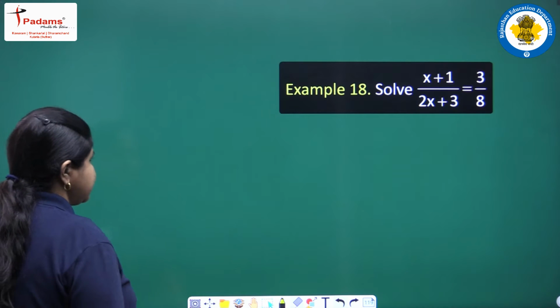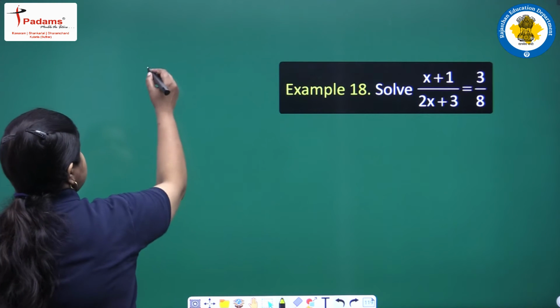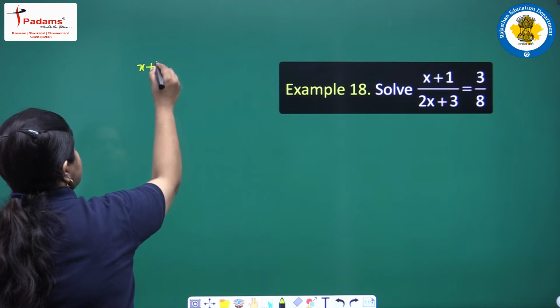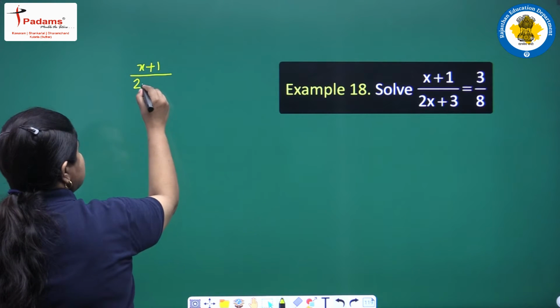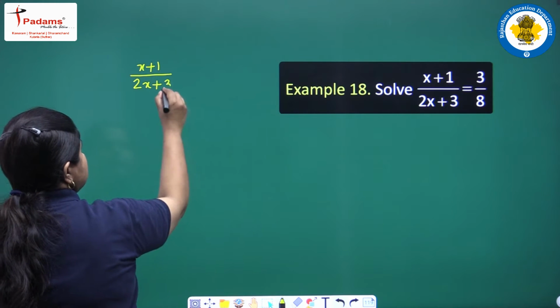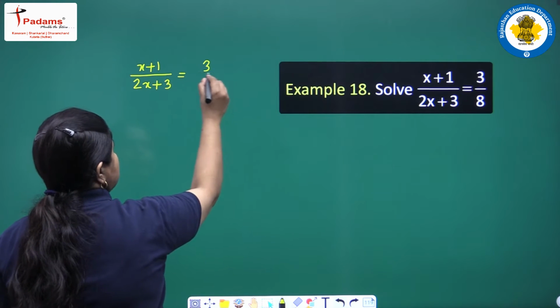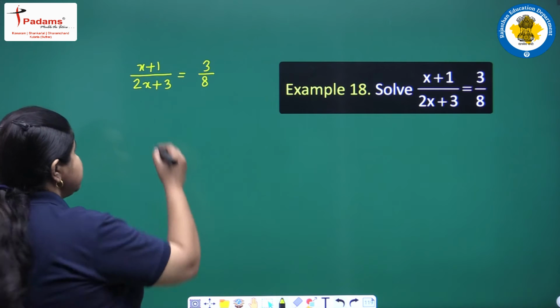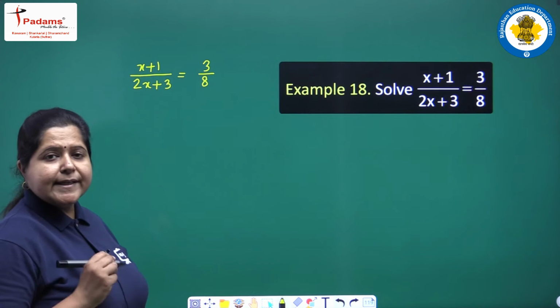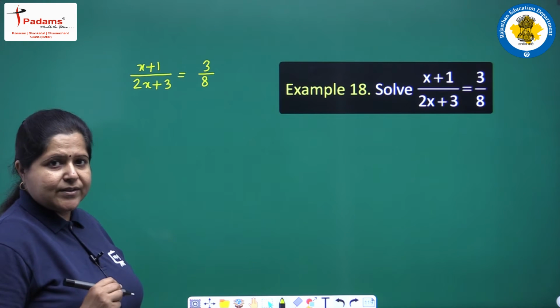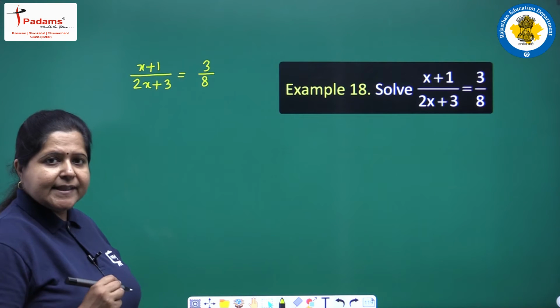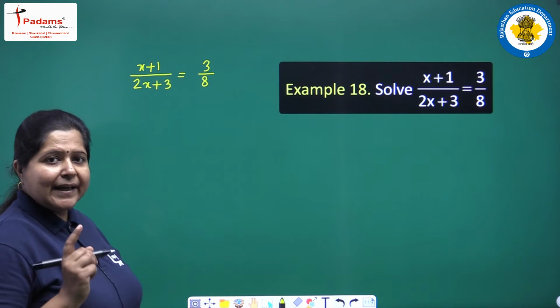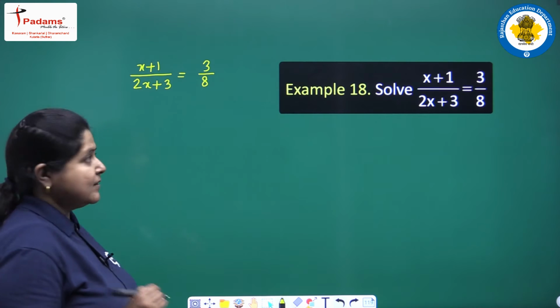First we rewrite this equation. We have (x plus 1) upon (2x plus 3) equal to 3 upon 8. Now here the variable is present in the denominator. Therefore it is not a linear equation. First we will convert it into a linear equation by cross multiplication.